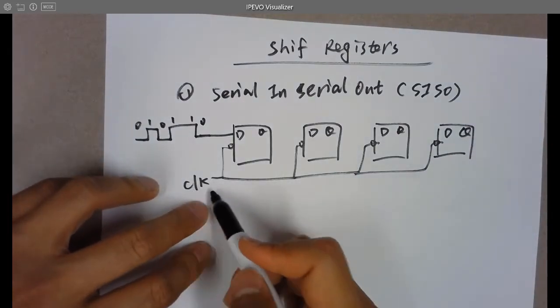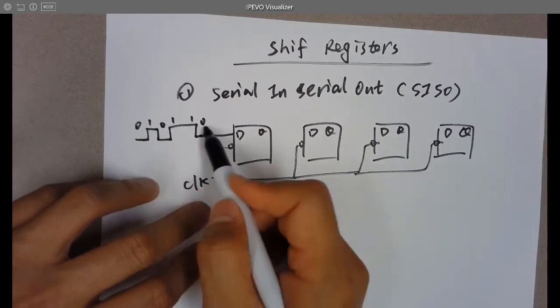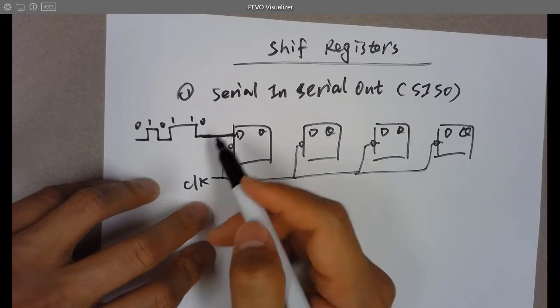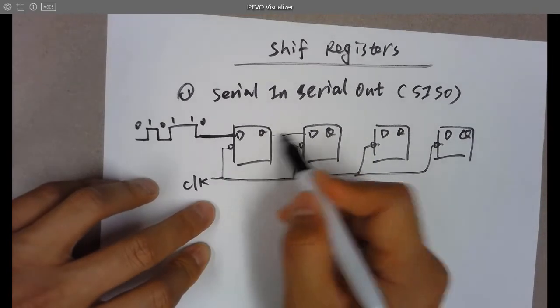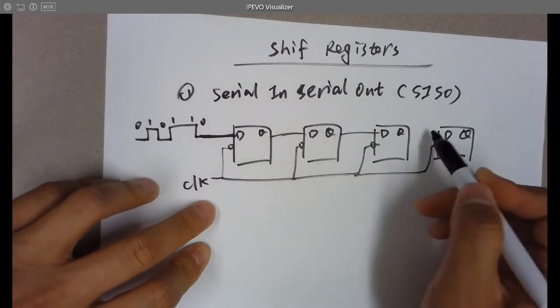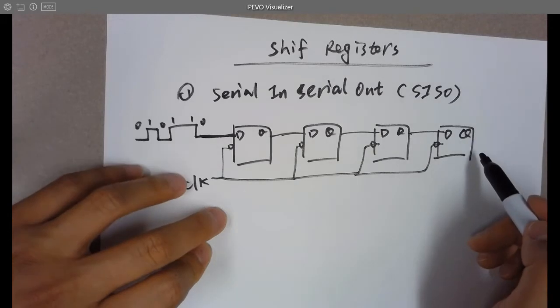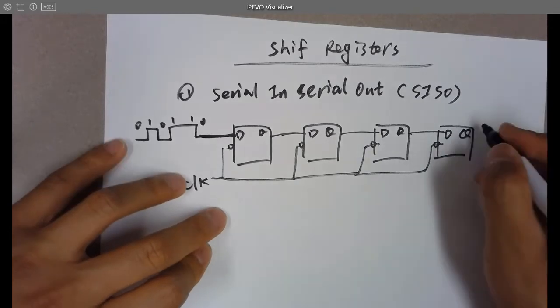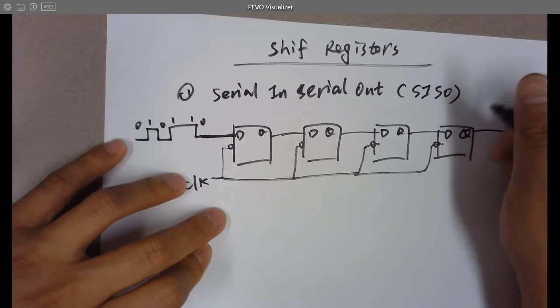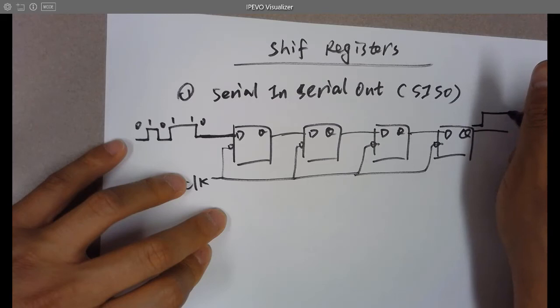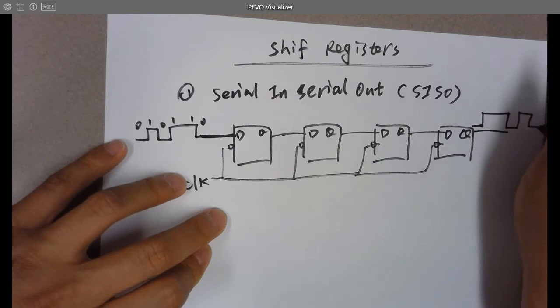Then at every falling edge, the serial data, which means it's in one signal line, will be passed into that SISO, and finally you are going to get the signal here, 0, 1, 1, 0, 1, 0, like this, right?